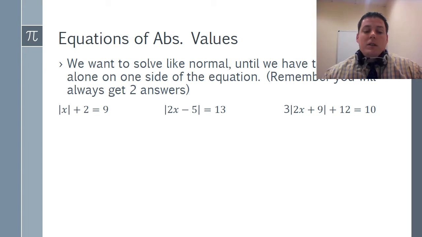So if we have the equation here, the absolute value of x plus 2 equals 9. To get the absolute value by itself, we would subtract 2 from both sides like we would in a normal equation. And now we get the absolute value of x is equal to 7.